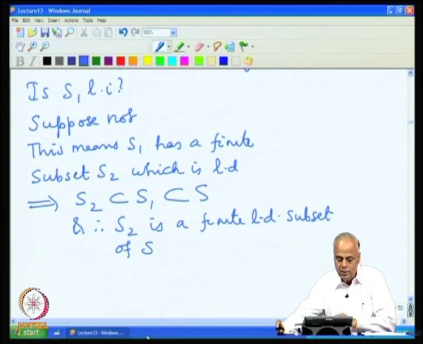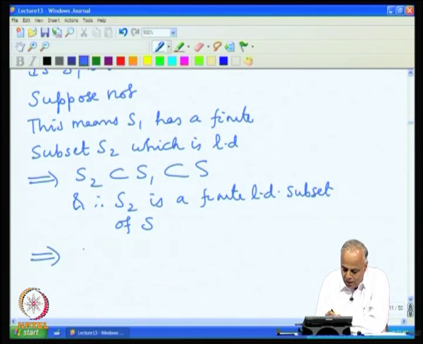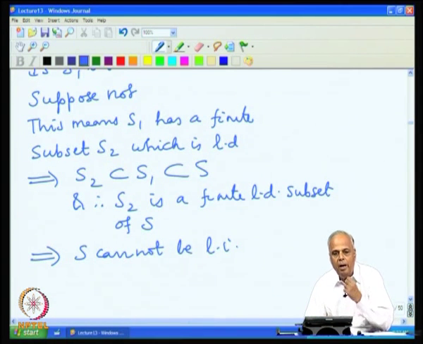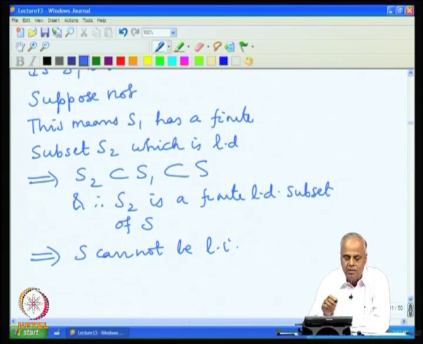Now, this says S cannot be linearly independent, because if S were linearly independent, every finite subset must be linearly independent, but here we have a subset which is linearly dependent and hence S cannot be linearly independent.